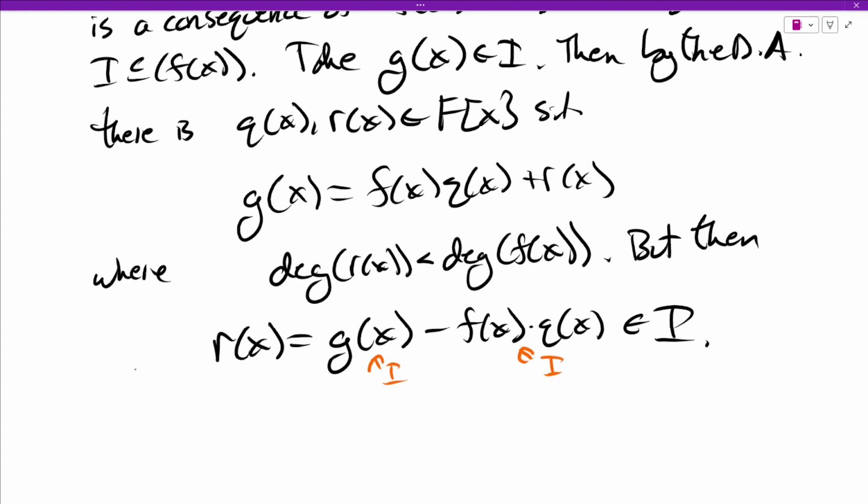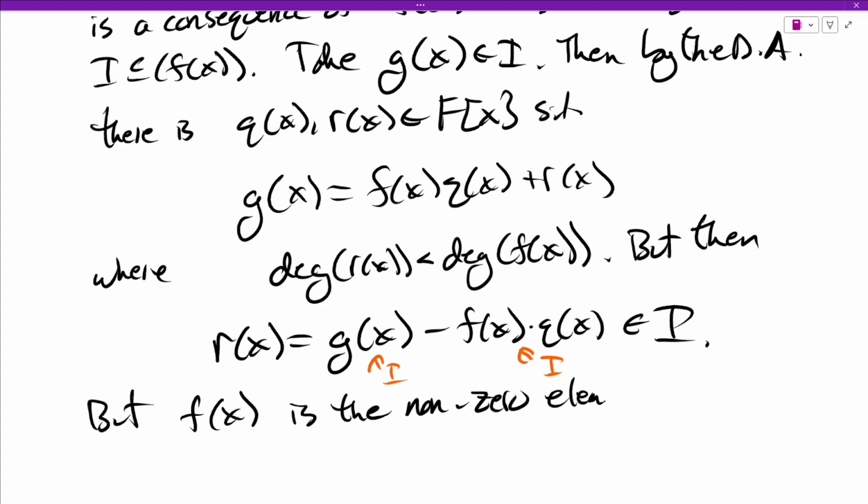Okay? But the degree of r is less than the degree of f. And what do we know about f? f is the non-zero element of I of minimal degree. Well, we have another element here, r, of degree less than it. How can that be? The only way that can be is if r is actually 0, in which case the degree is negative infinity, right?